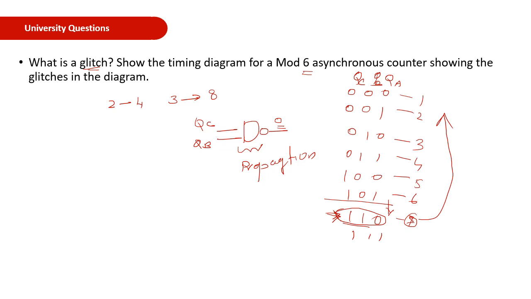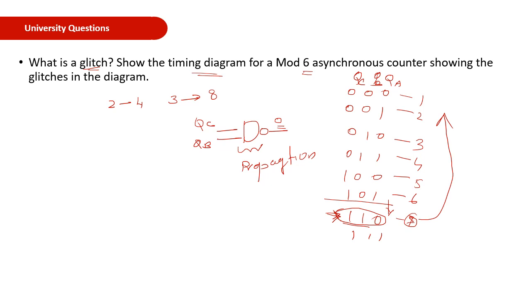So this glitch occurs in this type of counter where the number of states is not equal to a power of 2. In this question, you first have to mention what a glitch is. Then you have to draw the timing diagram of the mod 6 counter.